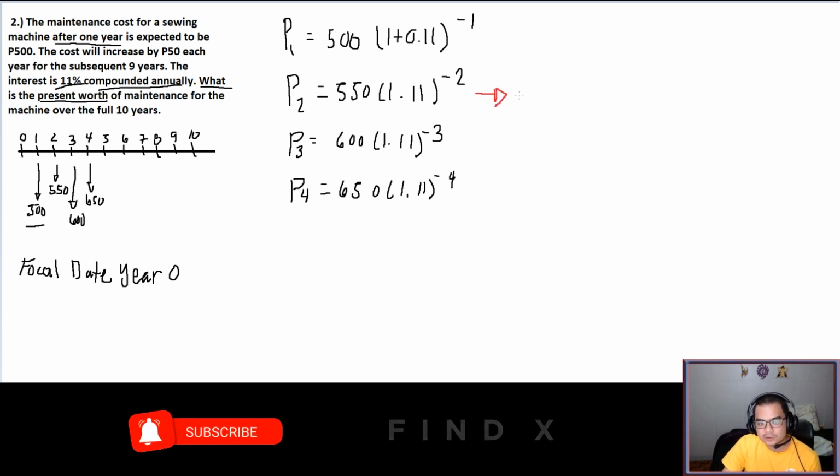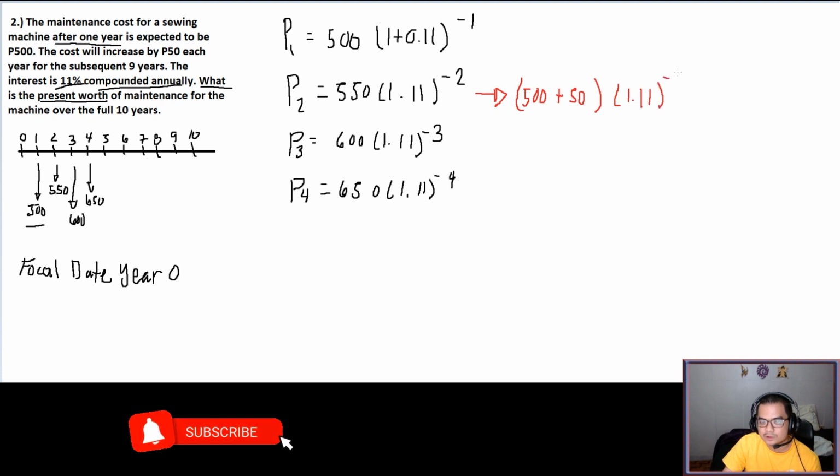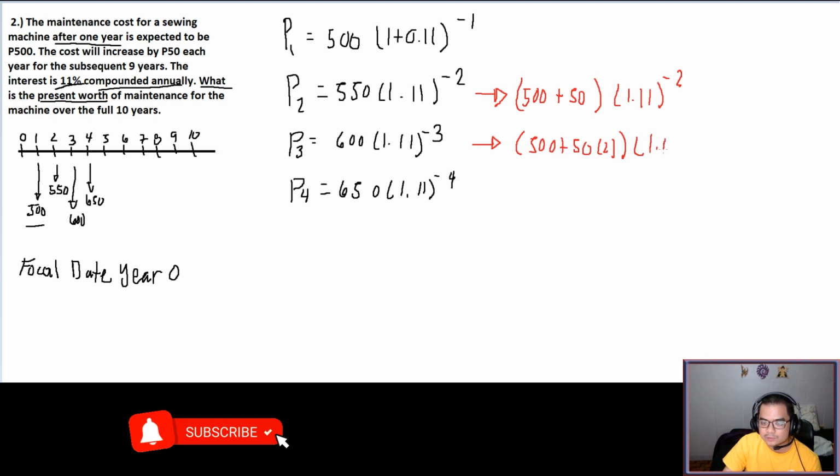you can have here 500 plus 50 times 1.11 raised to negative 2. And rewriting this one, you'll have 500 plus 50 times 2, times 1.11 raised to negative 3.